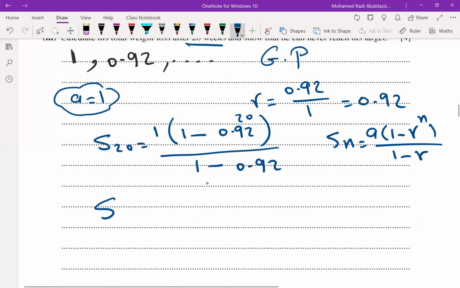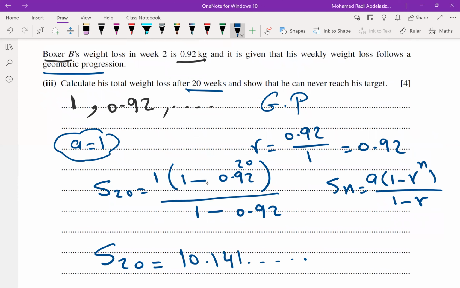Simplify and get S20 by using the calculator: 1 minus 0.92 to the power of 20 divided by 1 minus 0.92. You will get your answer: 10.141 and so on.